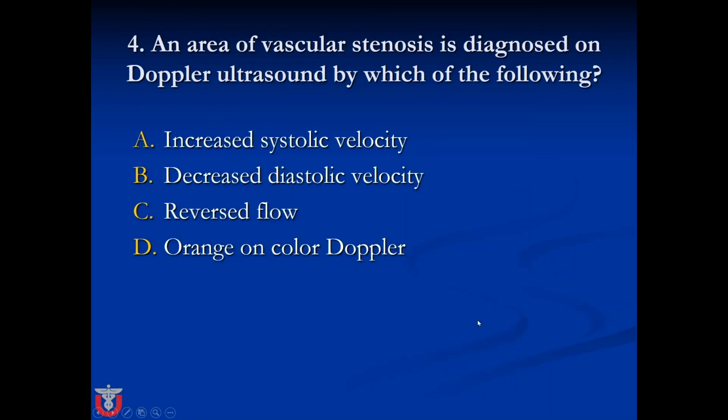Your fourth question is, an area of vascular stenosis is diagnosed on Doppler ultrasound by which of the following? Increased systolic velocity, decreased diastolic velocity, reversed flow, or orange uncolored Doppler.